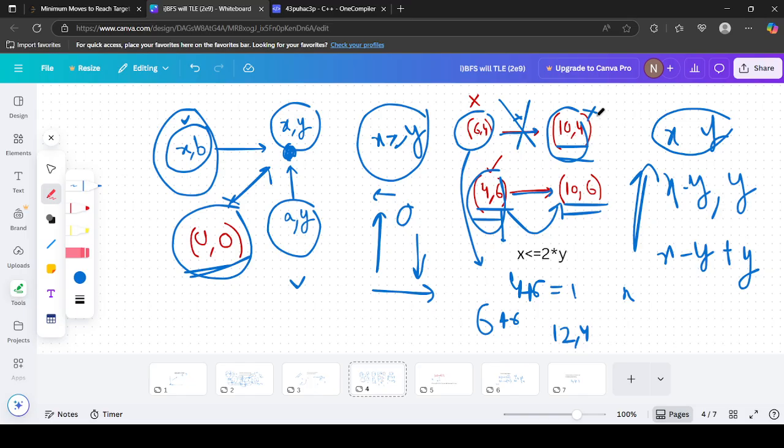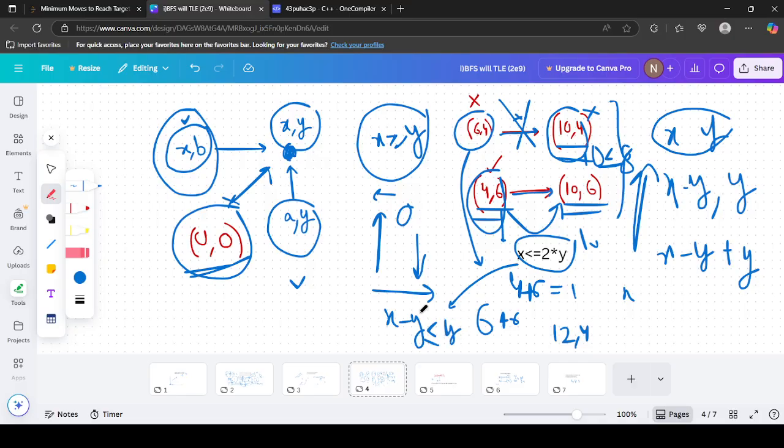So what is the case that distinguishes both? It is simply x and 2y. For 10 comma 4, x is not less than or equal to 2 times y, because 10 is not less than or equal to 2 times 4, which is 8. But for 10 comma 6, 10 is less than or equal to 12. So if this is the case, then we can have reached from x minus y comma y, because x is less than or equal to 2 times y, so x minus y is also less than or equal to y.